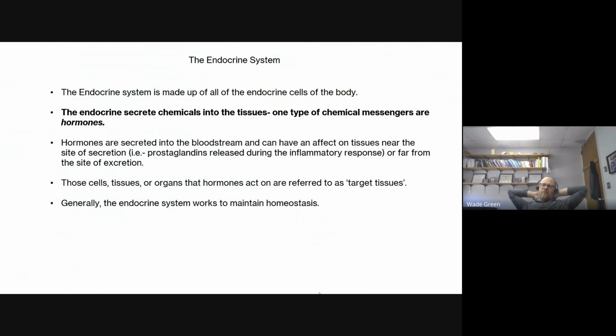And the endocrine system secretes hormones, right? So those are the chemical messengers that are responsible for the activation of obviously different tissues, right? Generally speaking, hormones affect target tissues that they act upon, right?